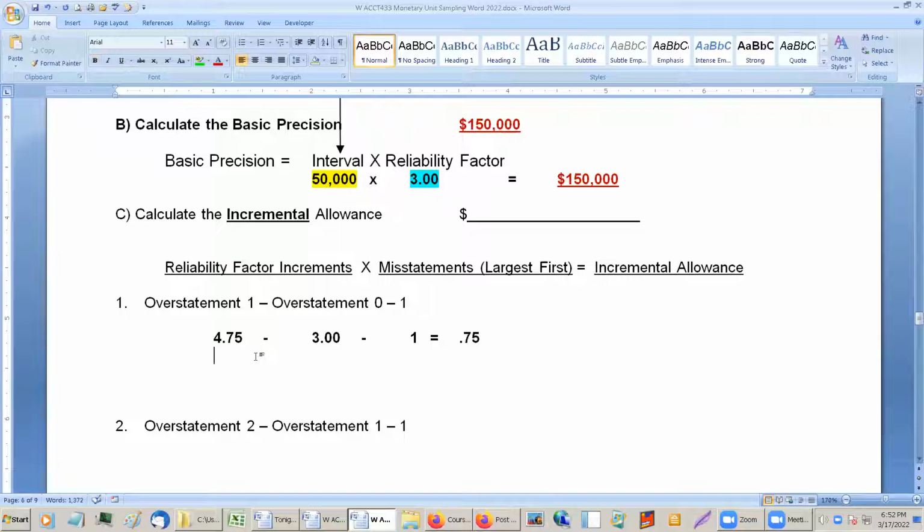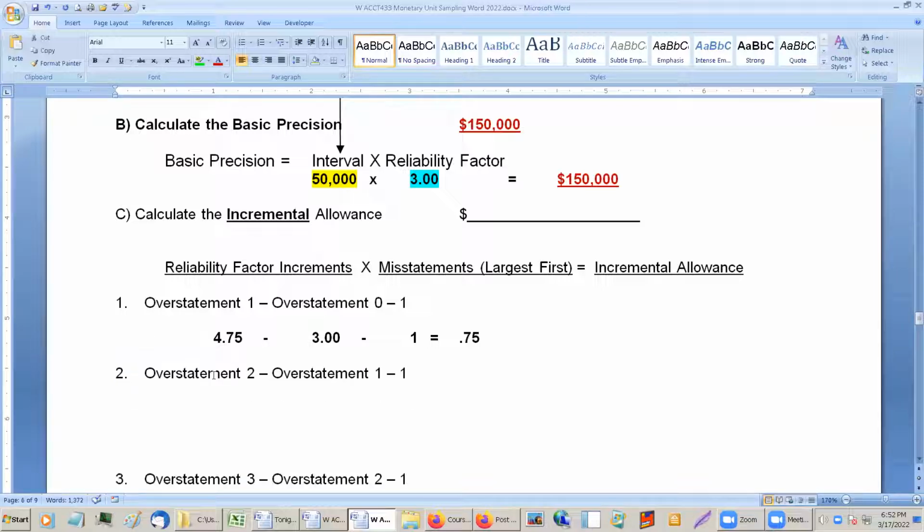So I tell you what, let's go ahead and do like 3 of these just for kicks. So the next one would have incremental. So you take overstatement 2 minus overstatement 1 minus 1.